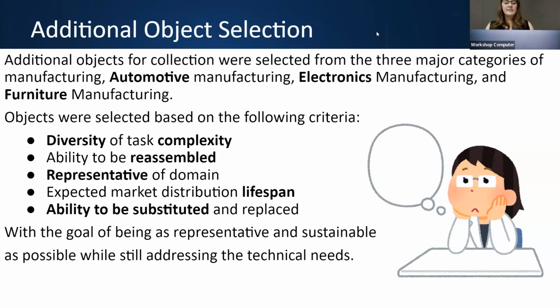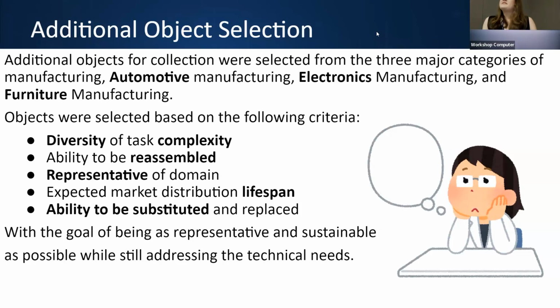And then the ability to be substituted and replaced. So when that product goes out of the market, the ability to find a similar product and replace it with that was important to us, so that it didn't just end up dead in the water. And making sure that we document when this happens and why it happens is, I think, also important.